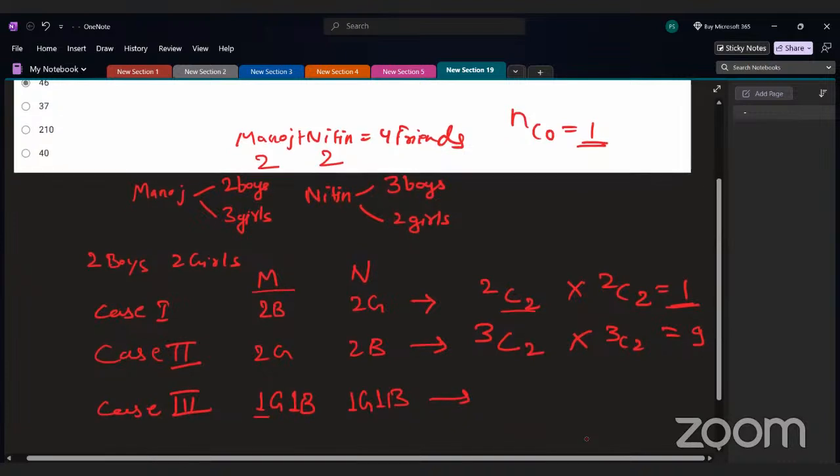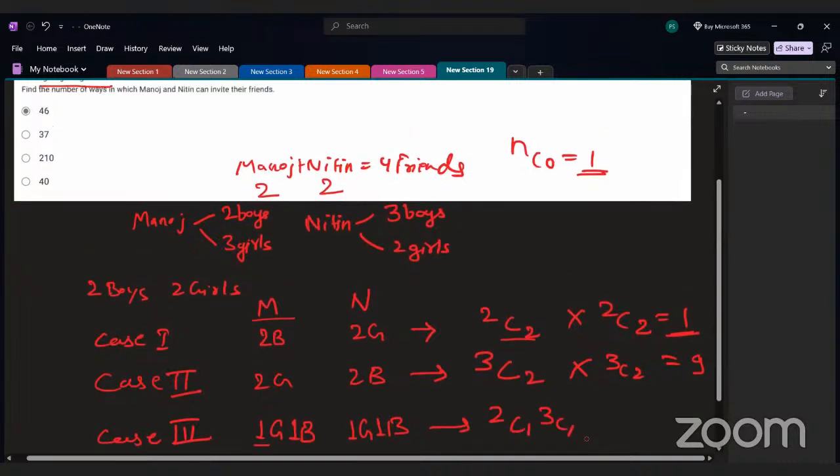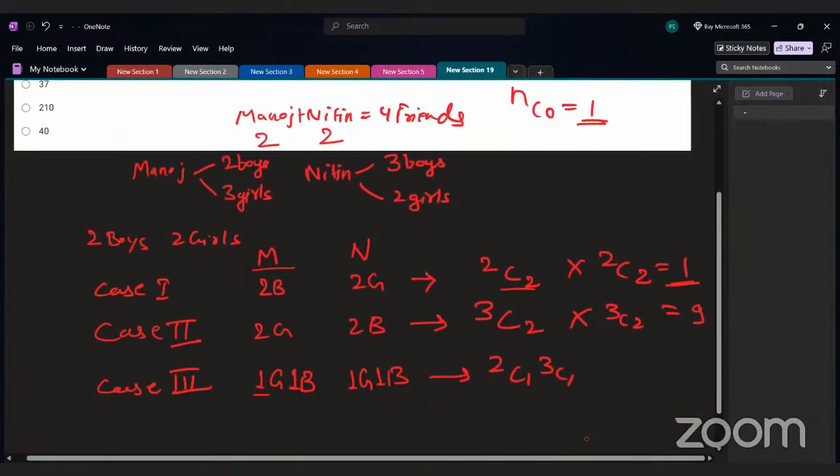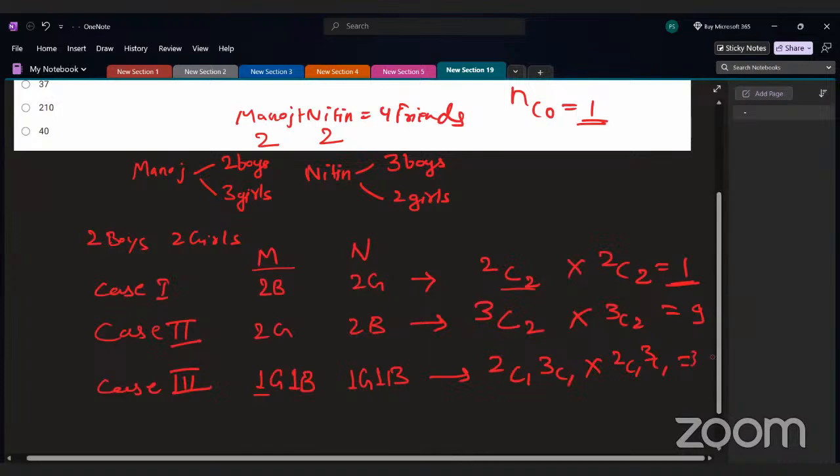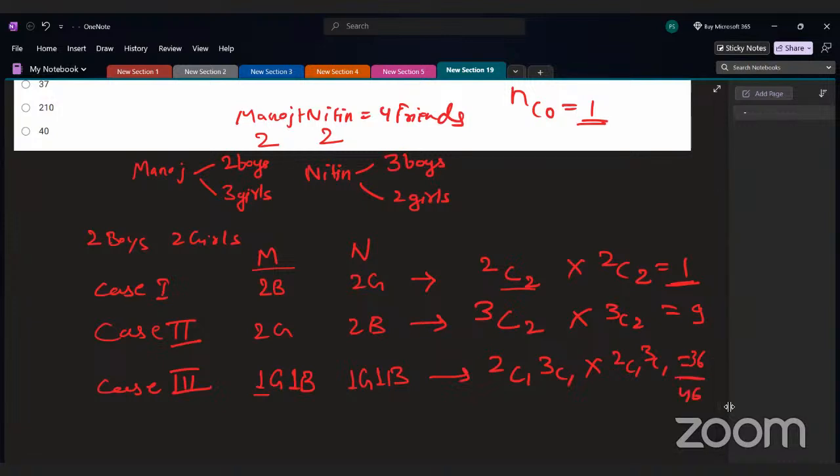Manoj has two boys and three girls, so 2C1 into 3C1. Similarly for Nitin, 2C1 into 3C1. In total we get 2 into 3 into 2 into 3, which is 6 into 6, 36. On adding all these cases, we get 46, and that's the answer.